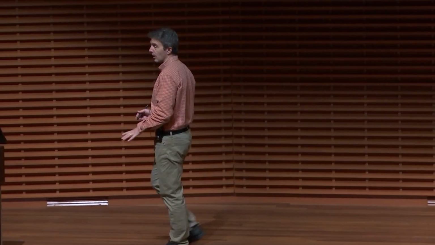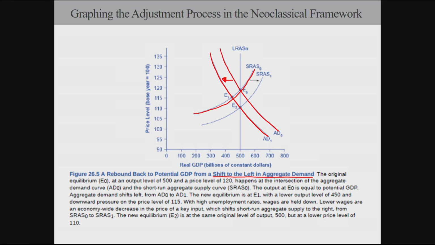Wages are the price of an input, so as wages fall, at any given price level companies are willing to produce more. This causes a shift to the right in the short-run aggregate supply curve, so that we end up back at potential GDP.